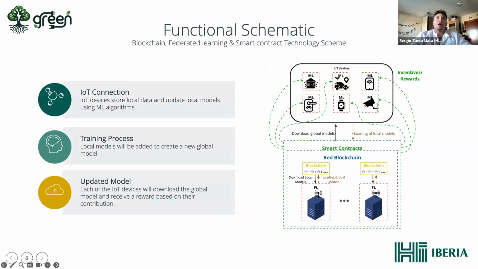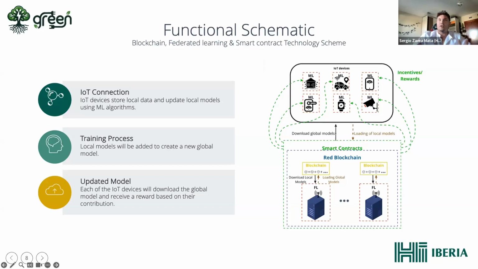Okay, so for just doing an introduction, I want to explain the functional schematic, which is the combination of the blockchain, the federated learning, and the smart contracts in this technology scheme. First we will have the IoT devices, which in our case will be the charging stations and the sensors there.